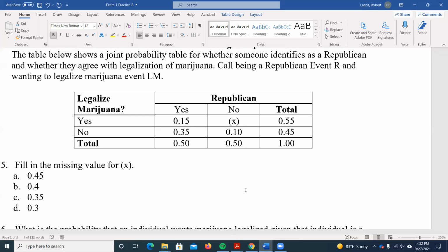Is it just adding the two nodes together? So if I want an intersection, and I look at those top four left cells, they all represent intersections. I actually don't have any work to do here. It's kind of a trick question. So I don't want marijuana legalized, and they're not a Republican. That probability is simply 0.1. So that's all I have to do if I'm looking for an intersection. It's going to be just one of the values in those top four left cells.